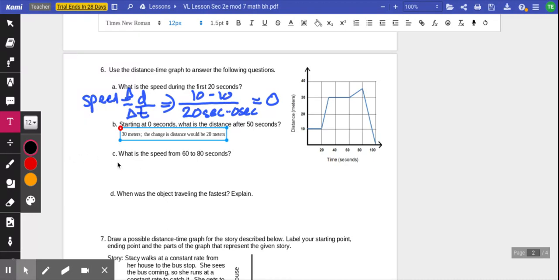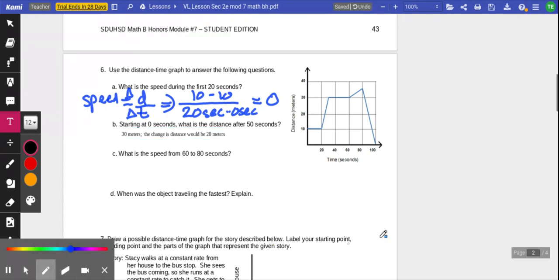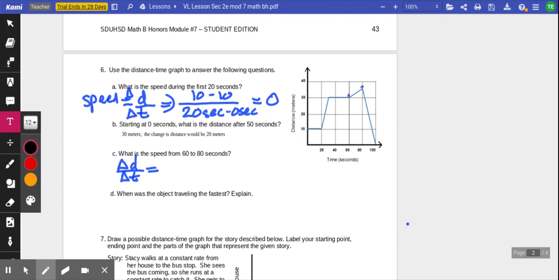Okay, what is the speed from 60 to 80 seconds? So again, speed, we have to do change in distance over change in time. From 60 to 80, at 60, the distance is 30. And at 80, the distance is 35. So 35 minus 30 is 5.